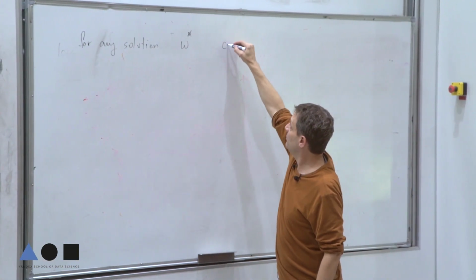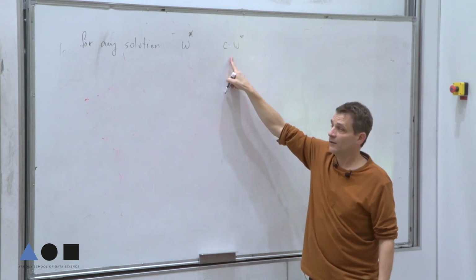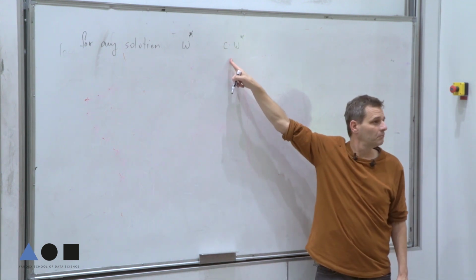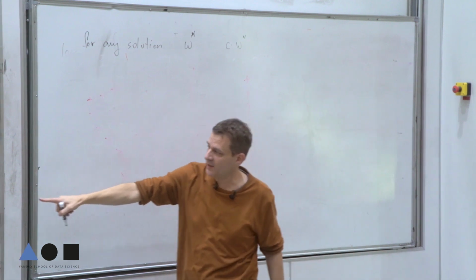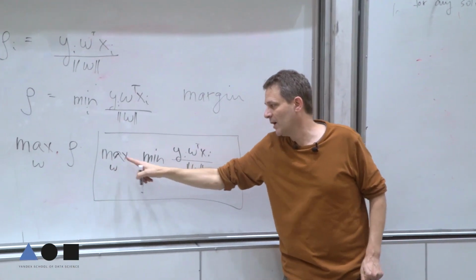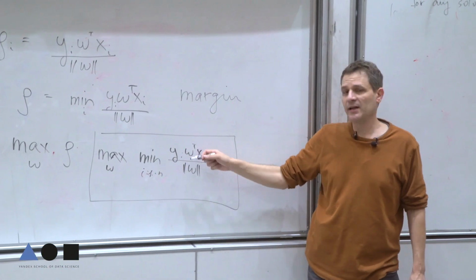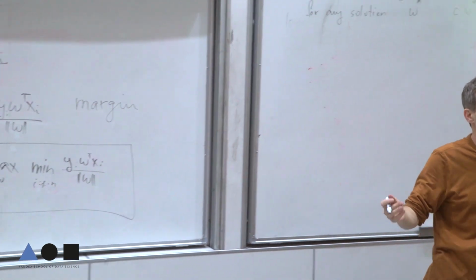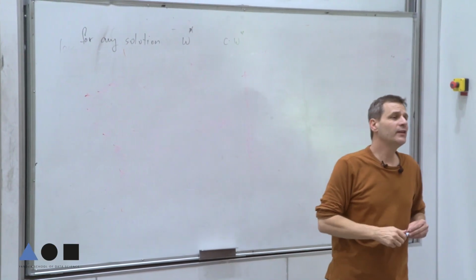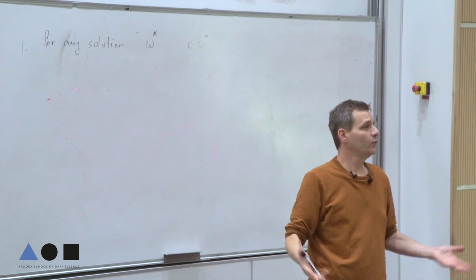If I just multiply it by a scalar, that's also a solution. Right? If there's something that maximizes this, then multiplying it by a scalar just gives you the same value, so it's also maximized. So for every W, we actually have a family of solutions.